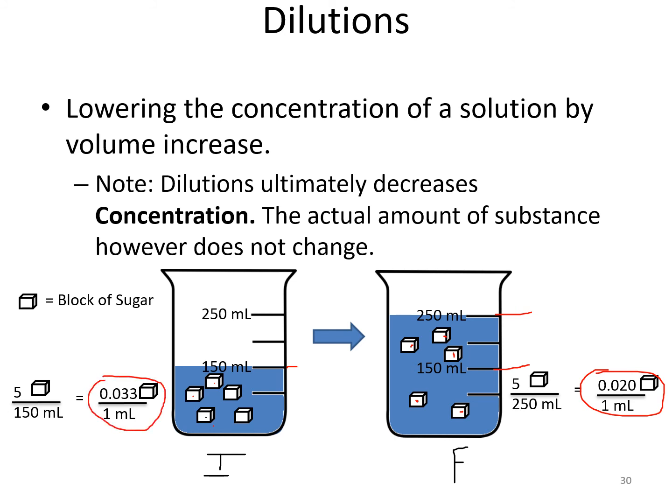So between the initial and the final solution, the concentration changed, but the moles of solute did not change. The only thing that changed was the concentration, because I was adding volume, so I'm increasing the denominator of this fraction.